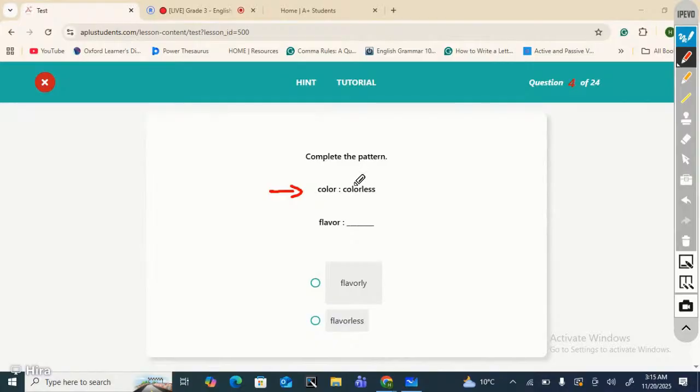Aren't they antonyms, opposites? So the relationship between the two words of this pair is antonyms. Now find the word which can fill this blank and which is the opposite of this word, flavor. Flavorly, flavorless. Think about it.